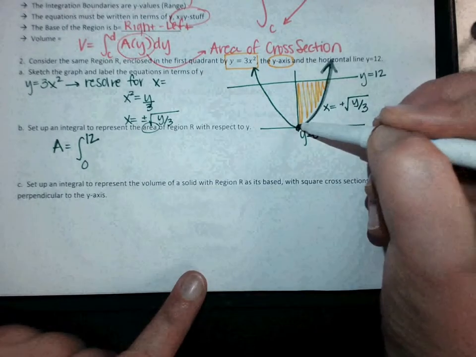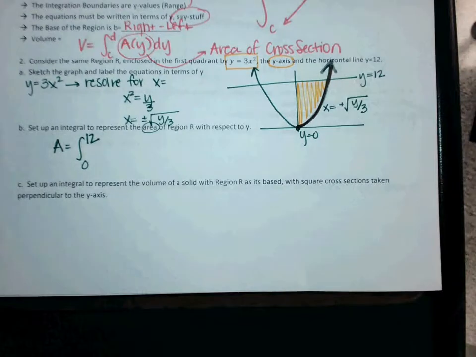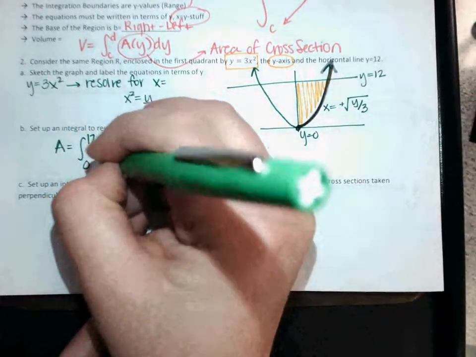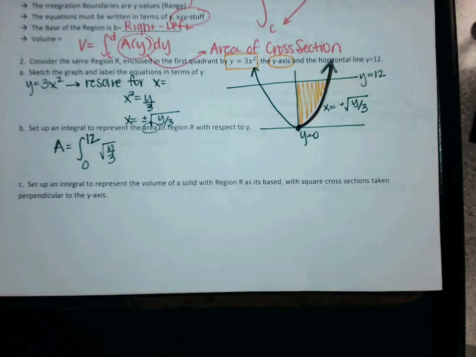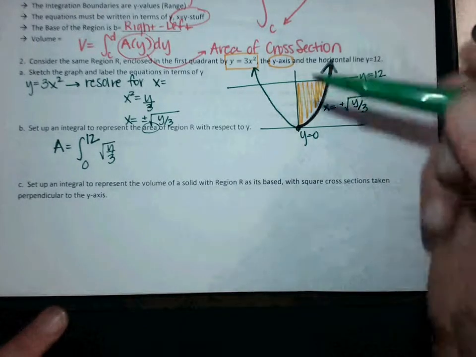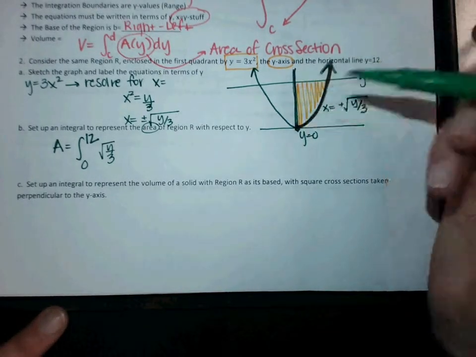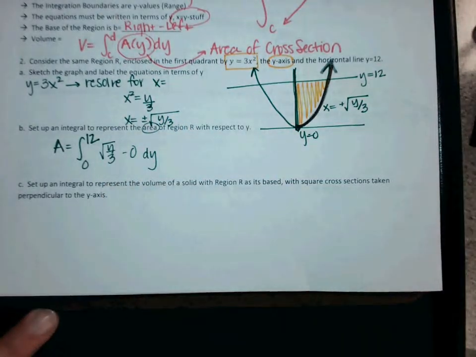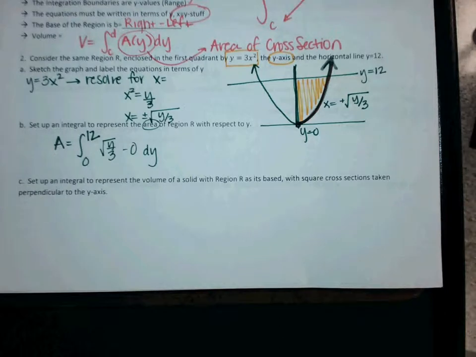What is the right border? Are we going to call it 3x squared? We're going to call it square root of y over 3. Positive, yes. You don't have to put the positive though. Okay, so that's the right side. What is the left side? 0. dy. Done. Why do you put minus 0? Just to show that it's right minus left. If you didn't put the minus 0, obviously you wouldn't get any points off.